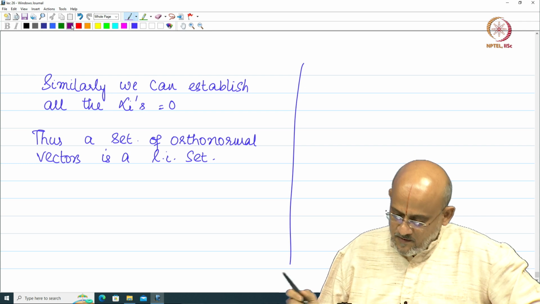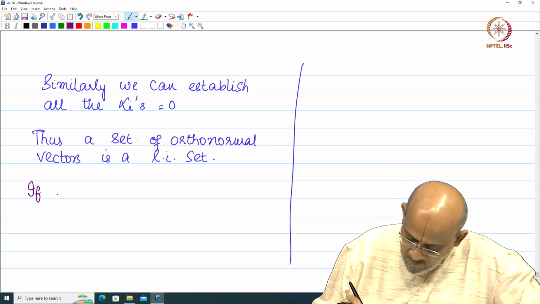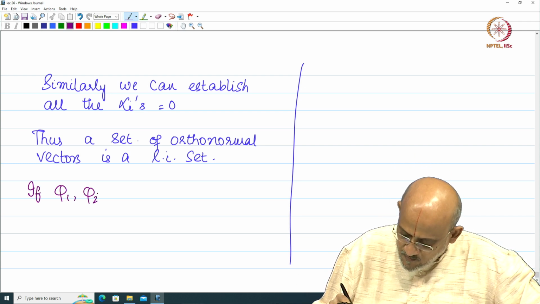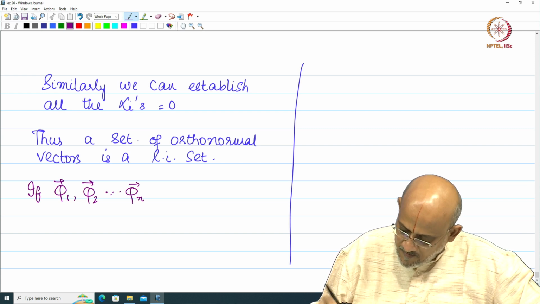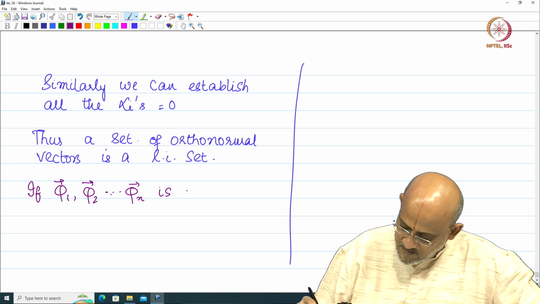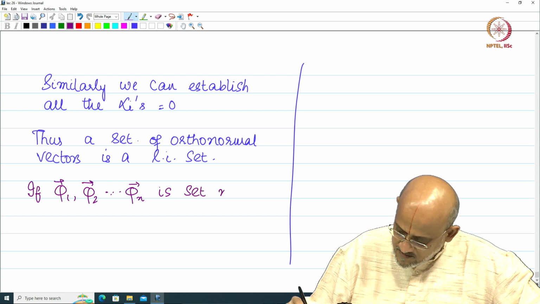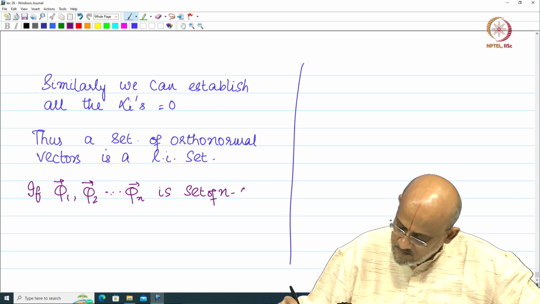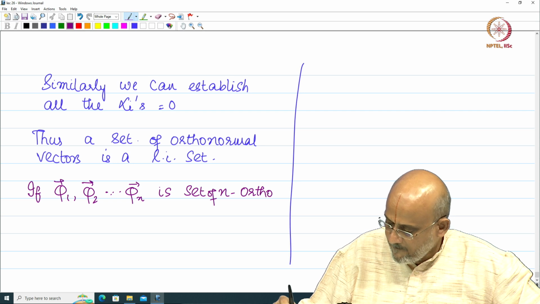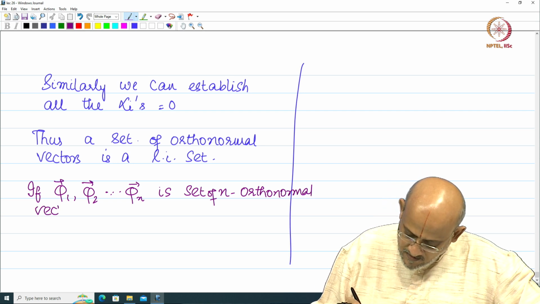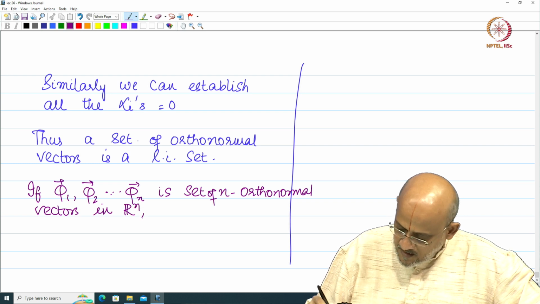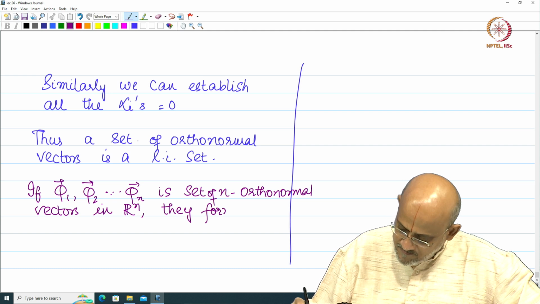So, if phi 1, phi 2, etcetera, phi n is a set of n orthonormal vectors in Rn, they form a basis for Rn.